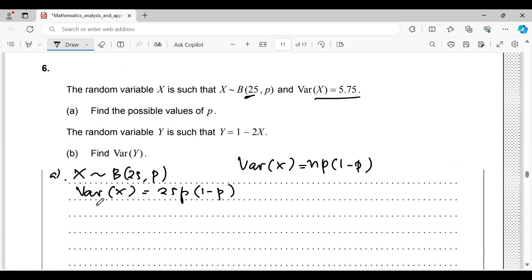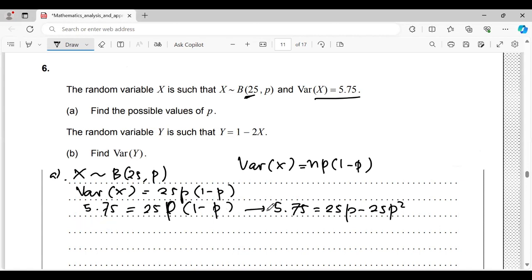So variance X is 5.75. We can write this equation as 5.75 equals 25P times 1 minus P, or 5.75 equals 25P minus 25P squared.